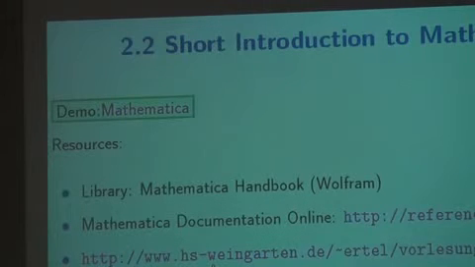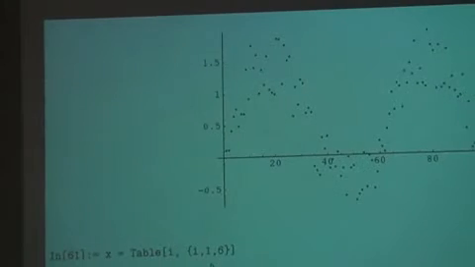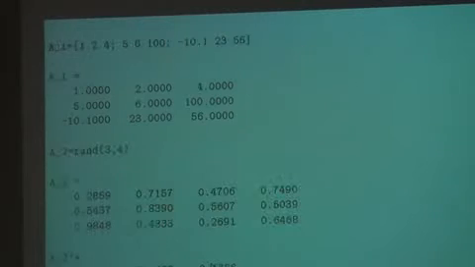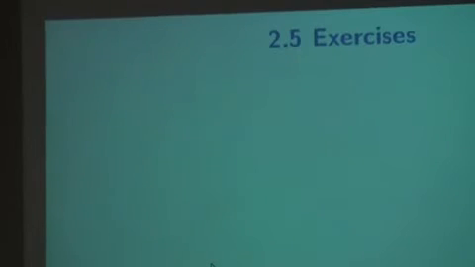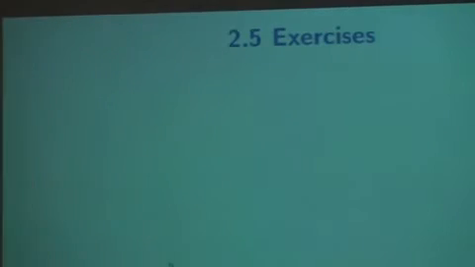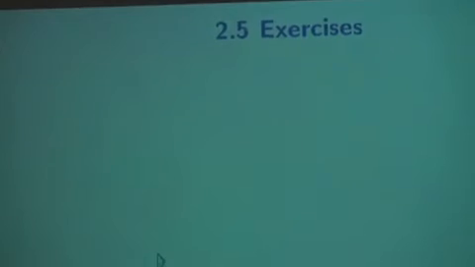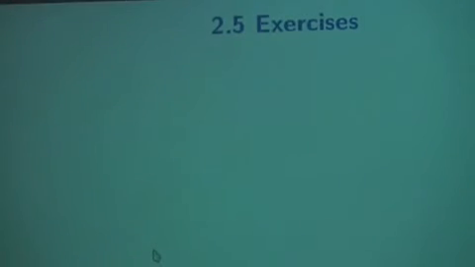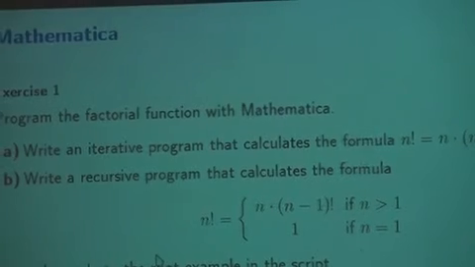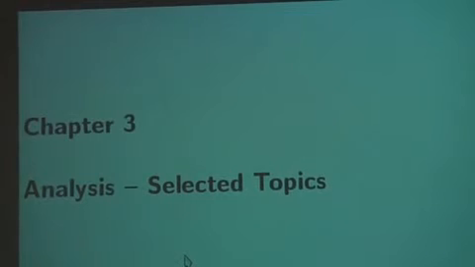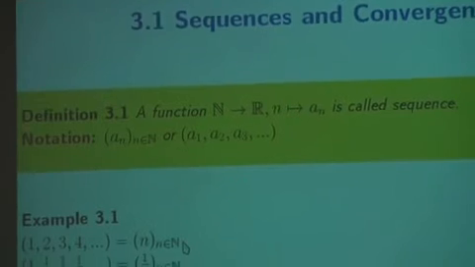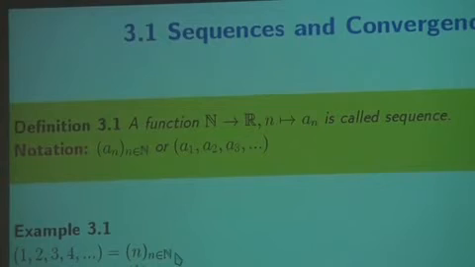Okay, so now we will skip this introduction. We will do this next time when we have a network connection in this room. And then Richard will give you an introduction to Octave, which is the open source variant of MATLAB. Okay, and now we start with a little bit of analysis.